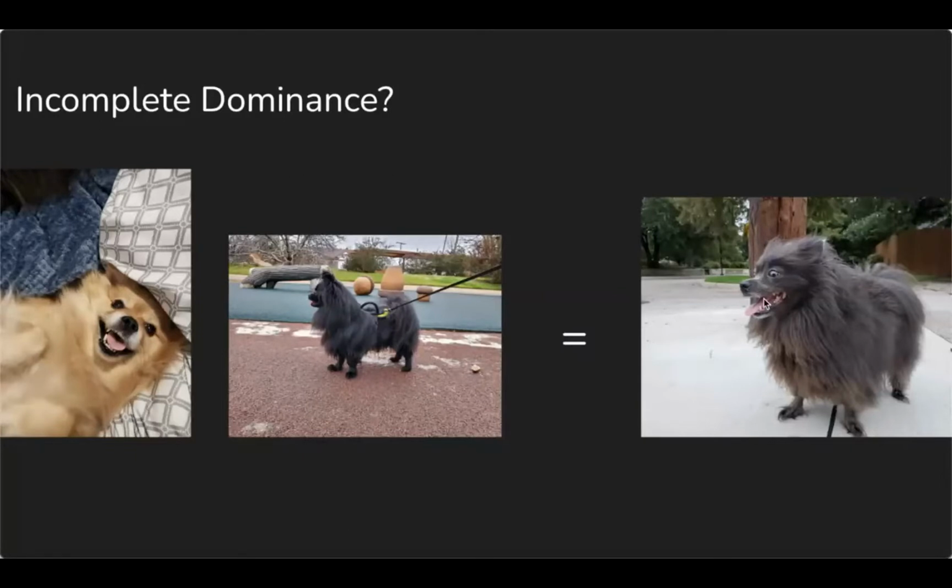And she is showing what is considered a blue coat color. So it's neither her blondish golden color or his black fur color. So she is something in between. So I wanted to ask you guys, do you think that this is incomplete dominance or not?